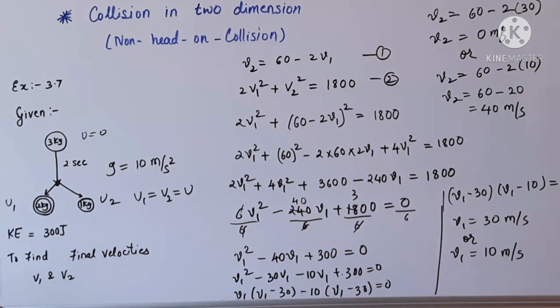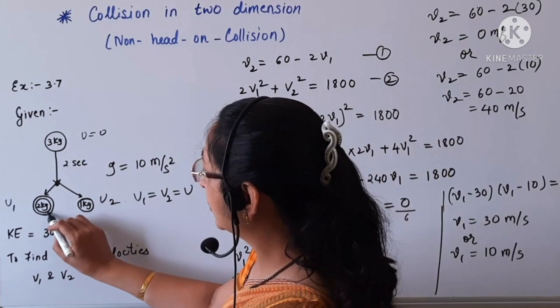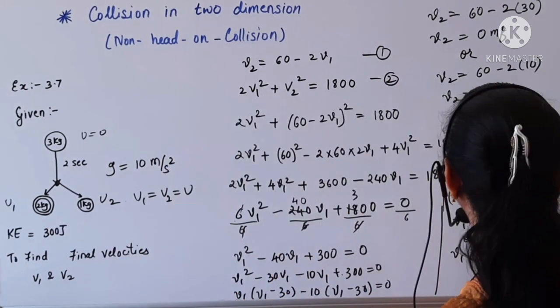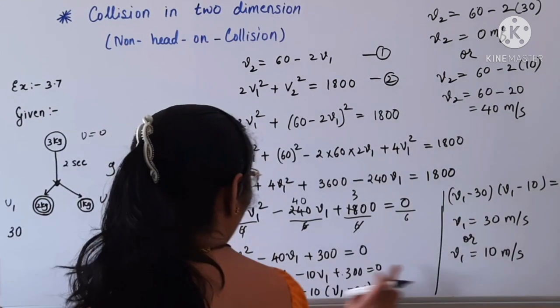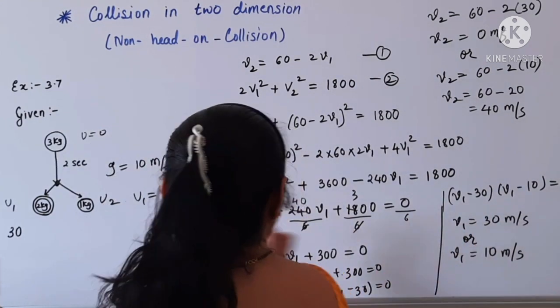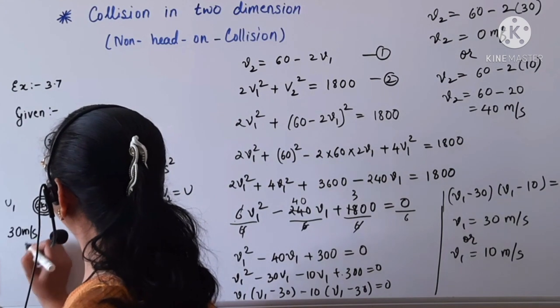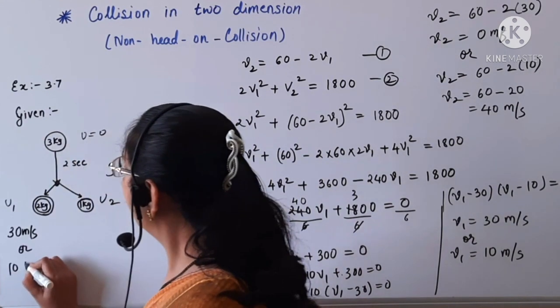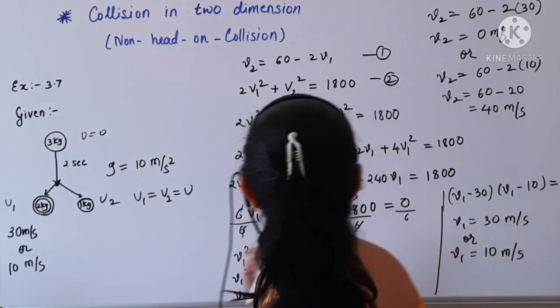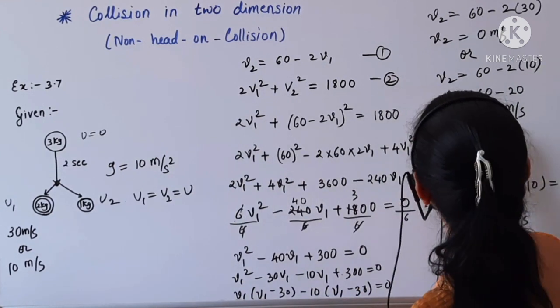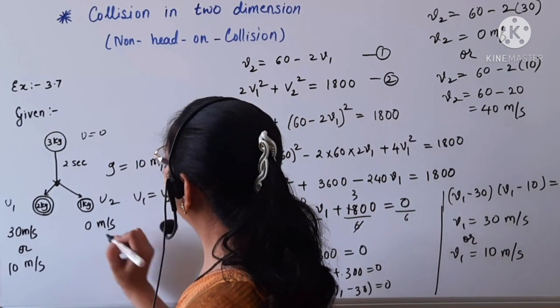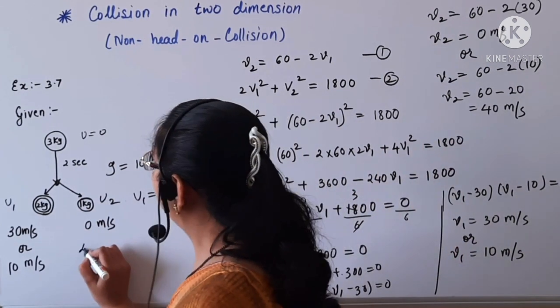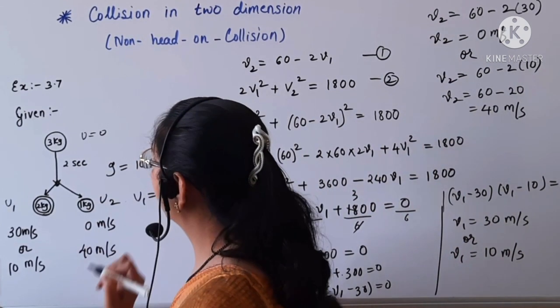So the velocity of the first fragment may be 30 meters per second or 10 meters per second, and the velocity of the second fragment is 0 meters per second or 40 meters per second.